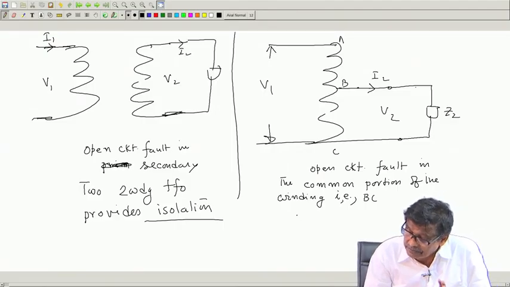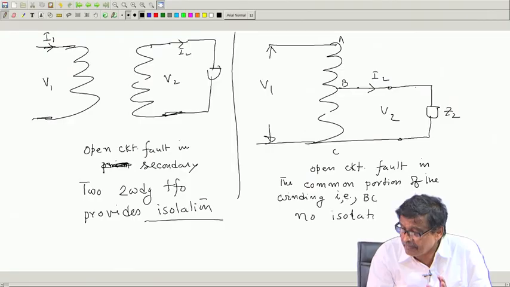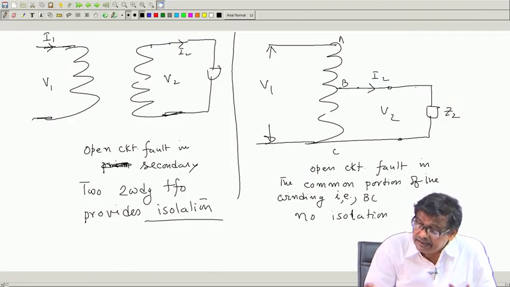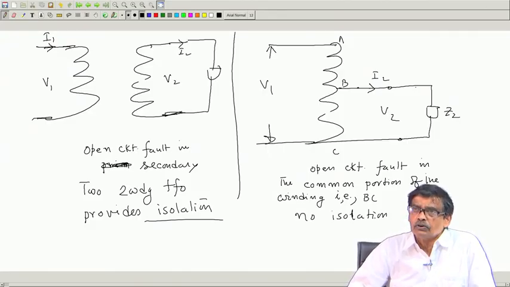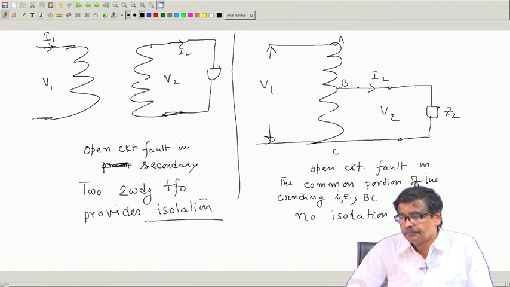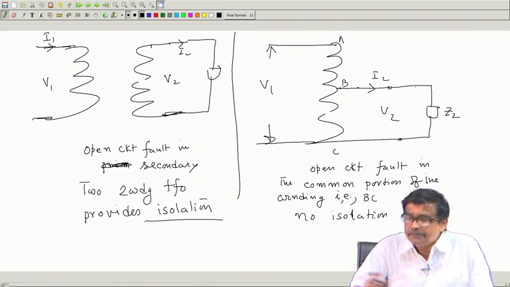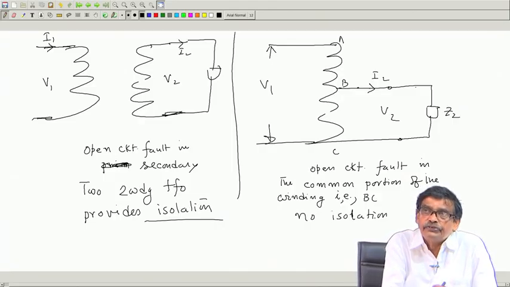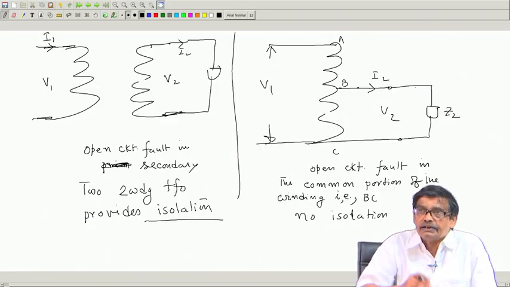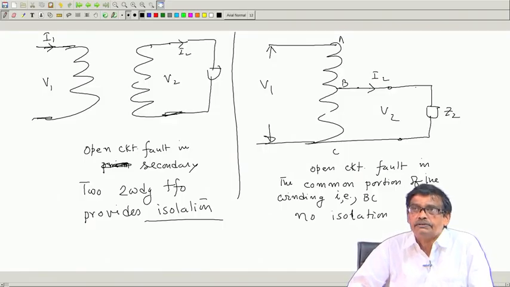Here no isolation, in case an open circuit fault takes place in the common portion of the primary and secondary. Therefore, auto transformer gives you copper saving, no doubt, but at the same time it will never be able to give you a proper isolation between the source side and the load side. Load may be critical, you cannot just apply high voltages.